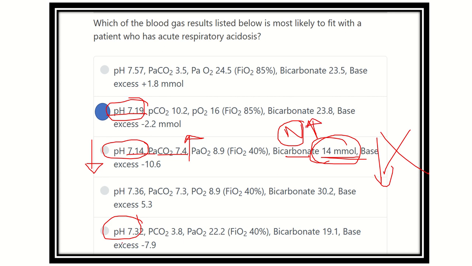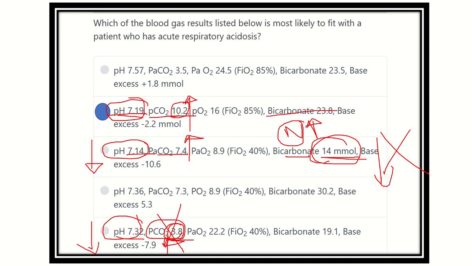And the next option, 7.32, may be another option for respiratory acidosis. But first look at the partial pressure of carbon dioxide. When pH decreases, partial pressure of carbon dioxide should increase, and should be more than 6 kilopascal, but here it is 3.8. So it is also not true. And in the case of B, the pH decreases, the partial pressure of carbon dioxide should increase, and here it is more than 6, which is an increase.